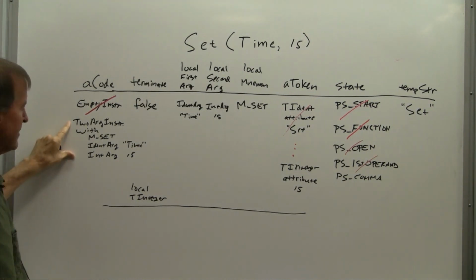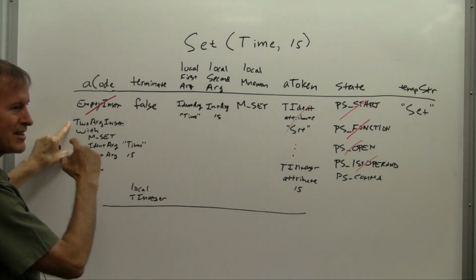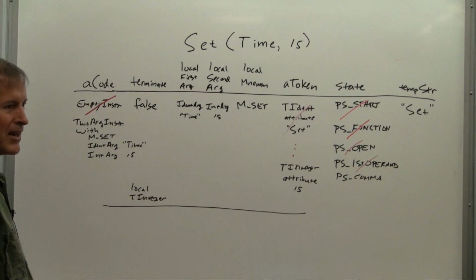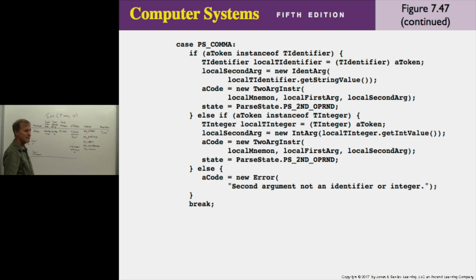And all of that information is now in that object. Okay? Is everybody clear? And then state gets what? PS underscore second operand. And why does it do that?